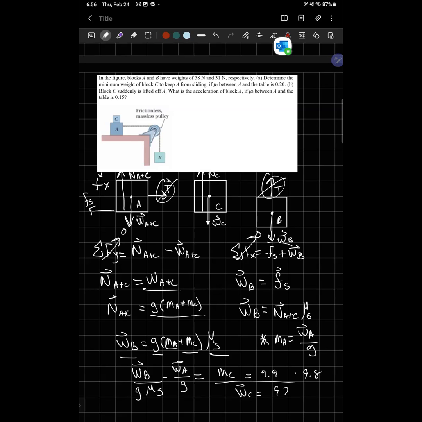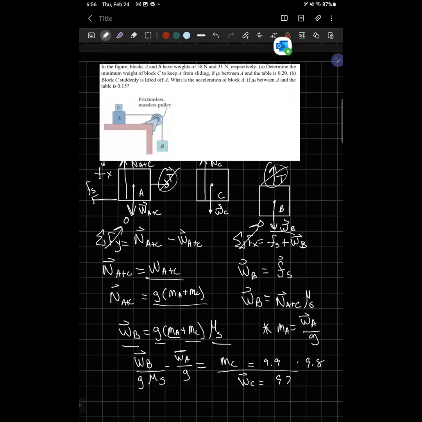So part B asks for block C suddenly is lifted off of A. What is the acceleration of block A if the kinetic friction between A and the block is 0.15?